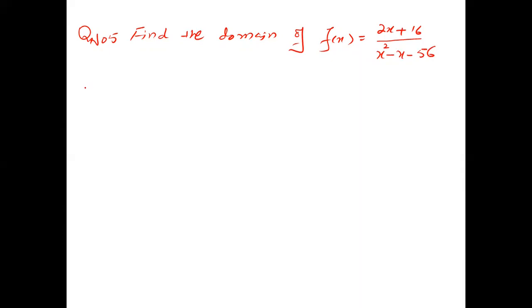So simple question, simple solution. So take f(x) equal to (2x plus 16) divided by (x square minus x minus 56). Yes boys, tell me what we have to do. 100% right.